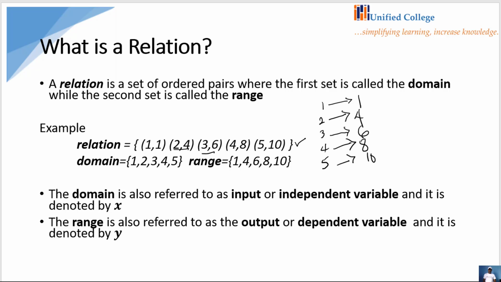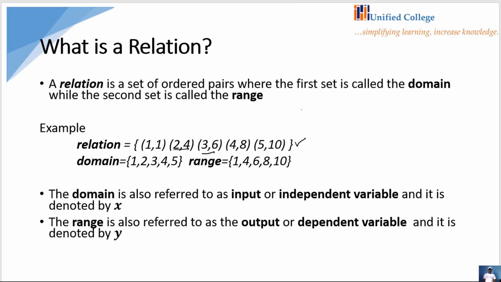So this is a relation where the first set is called the domain, while the second set is called the range.